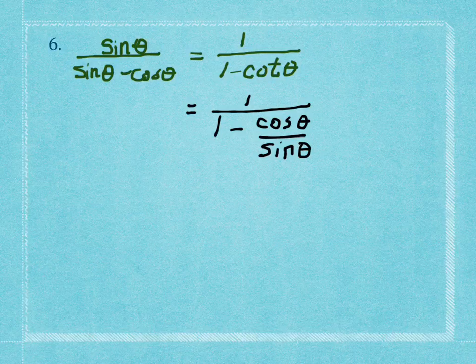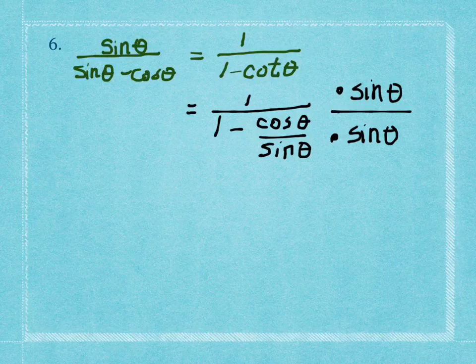Okay, let me show you an easier way to do it than actually getting the common denominators. Michael, if we were to get common denominators, what would it be? It'd be sine, right? If I looked at the bottom of the fraction currently and wanted to combine that into one fraction, I would use sine. And then we could do like Caitlin suggested and flip it, right? I'm going to suggest that instead of actually finding common denominators, we use what the common denominator would be and multiply by it.